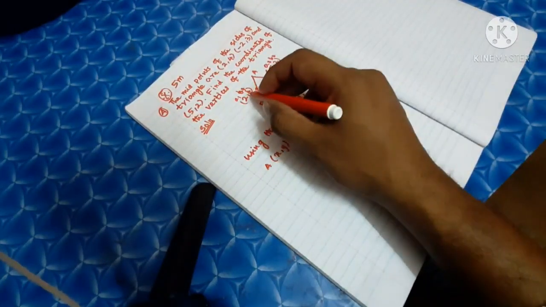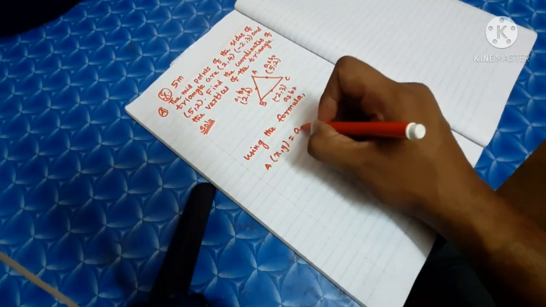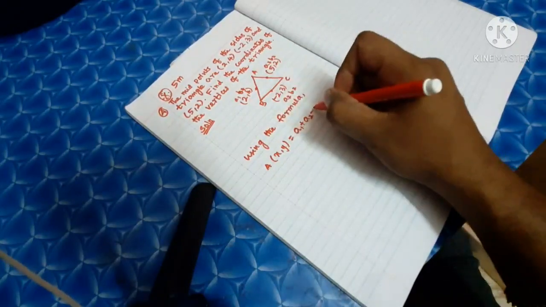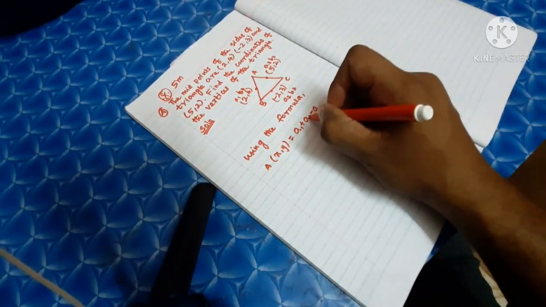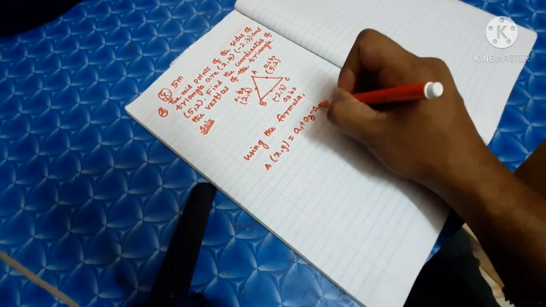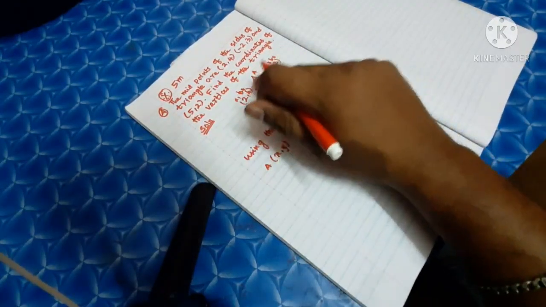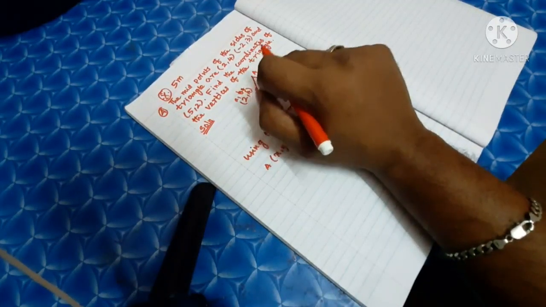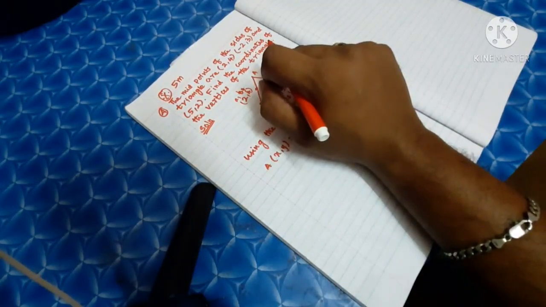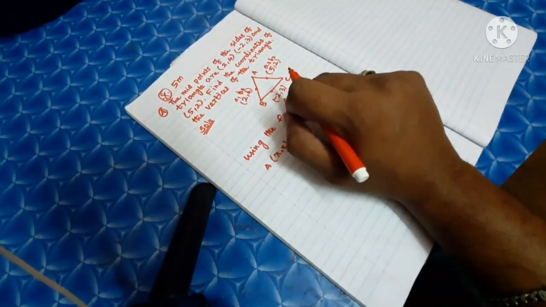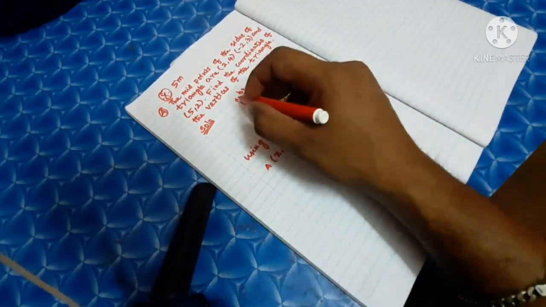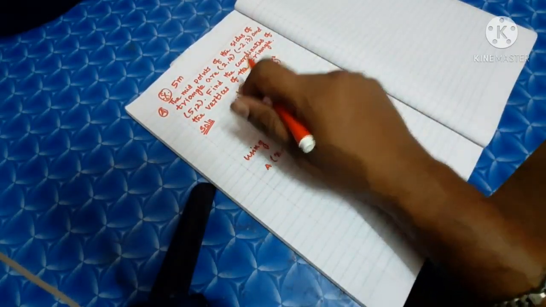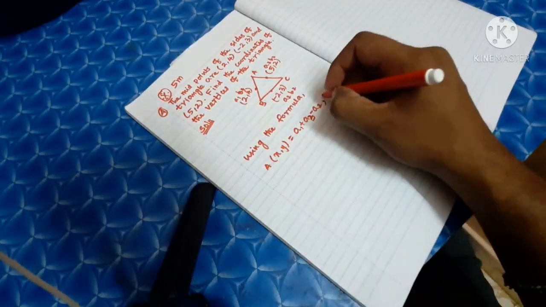It is a1 plus a3 minus a2. If you want to find point A, we have to add these two and subtract this midpoint, that is a1 plus a3 minus a2 comma b1 plus b3 minus b2.